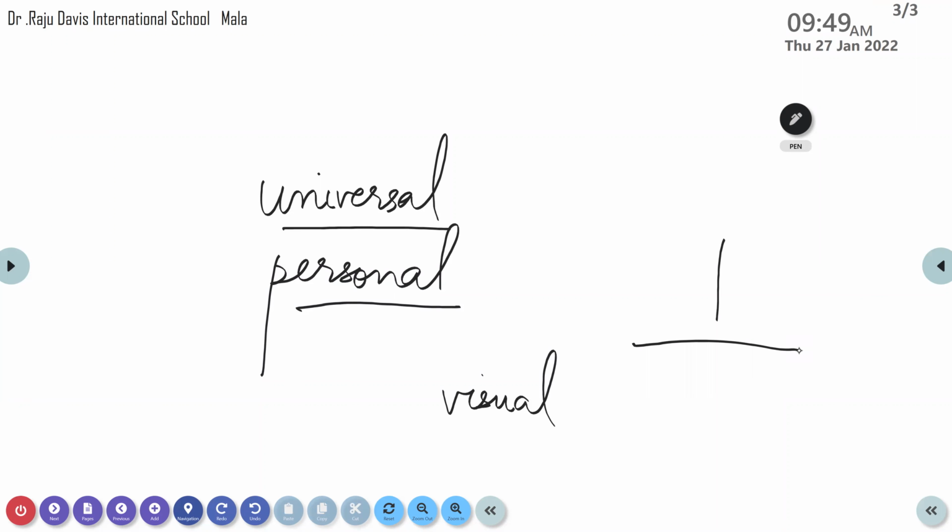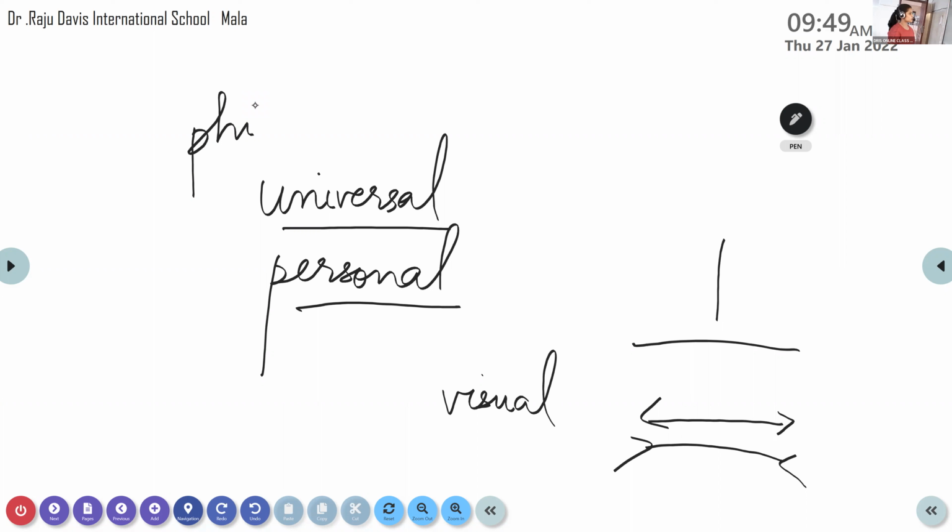Then the arrows, and the Muller-Lyer illusion. And one more phenomenon we learned: remember the phi phenomenon? The Christmas lights, LED lights. The phi phenomenon was coming under the topic apparent movement illusion. Okay, there were 3 types of illusion.